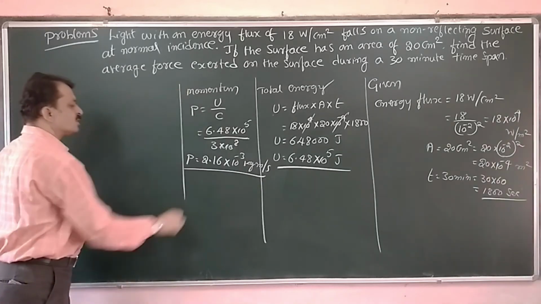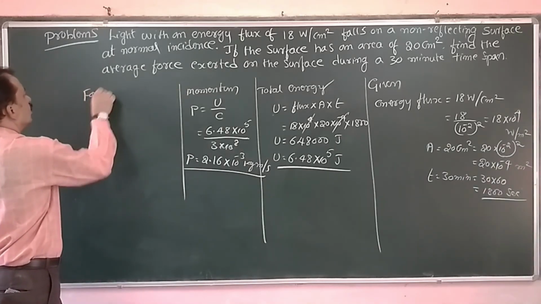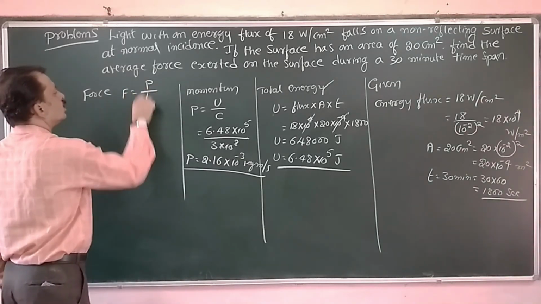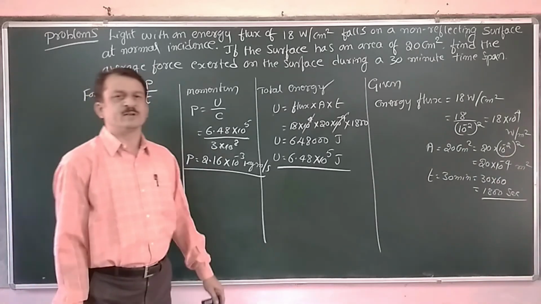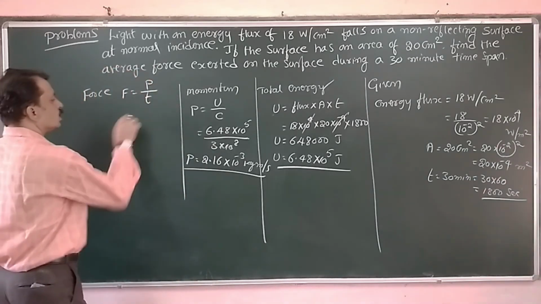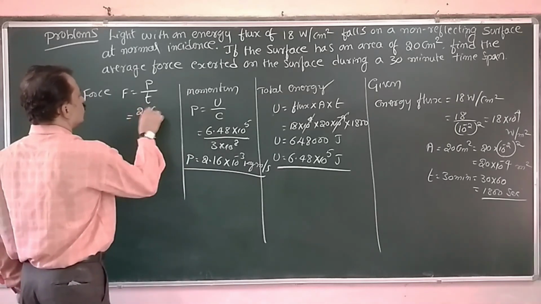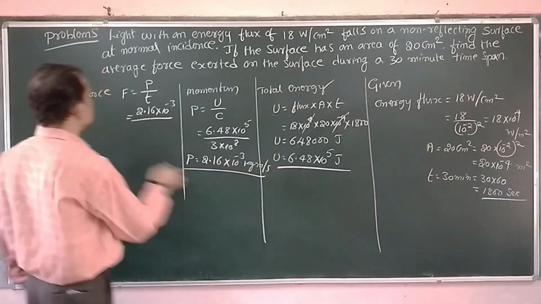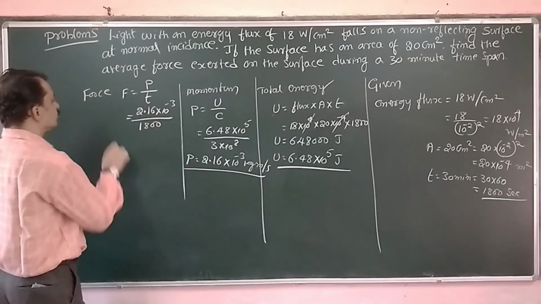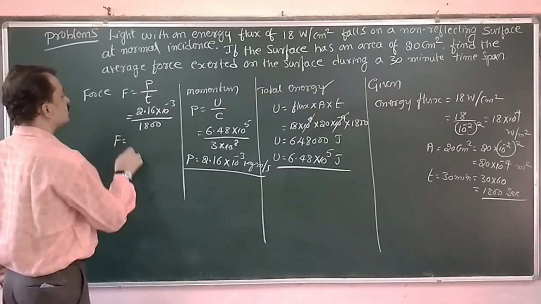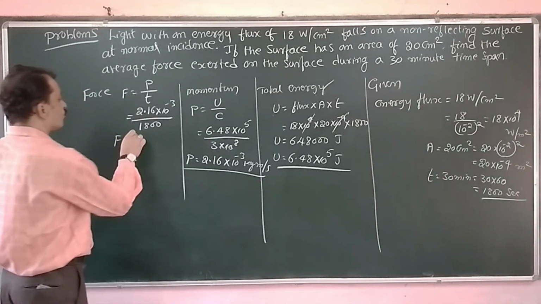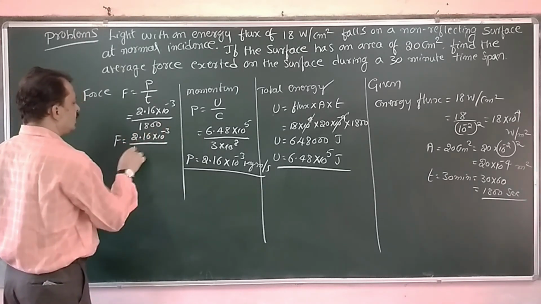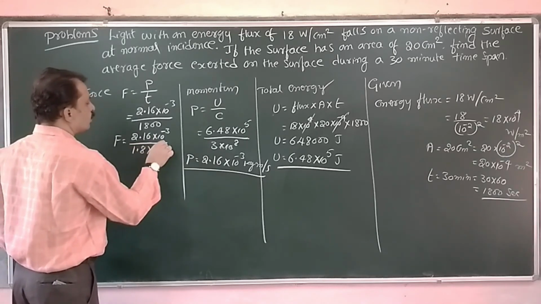Now we have to calculate the force exerted. The average force exerted on the surface is equal to the rate of change of momentum. Therefore, it is P by T. Now, P is 2.16 into 10 to the power of minus 3 and the total time is 1800, or I will write it as 2.16 into 10 raised to minus 3 divided by 1.8 into 10 raised to plus 3.